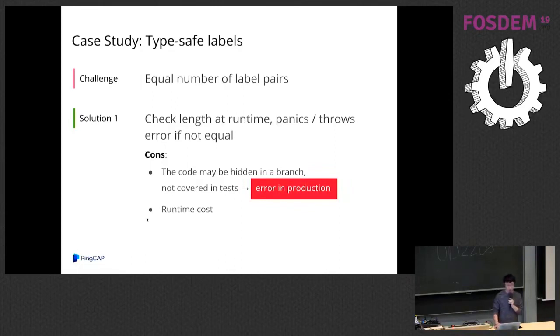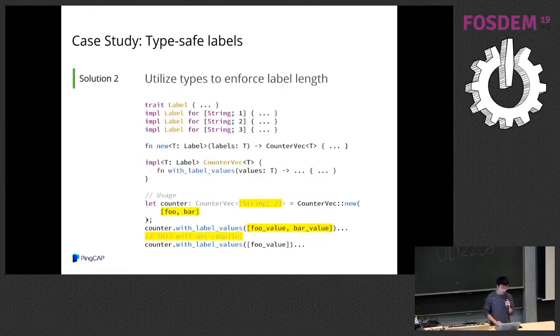So how can we fix that in a Rust way? We can use the type system to enforce label length. Here, I first declare a trait called Label. Then I implement this Label for different kinds of string arrays. For example, I implement it for an array containing 1 string, an array containing 2 strings, and 3 strings.